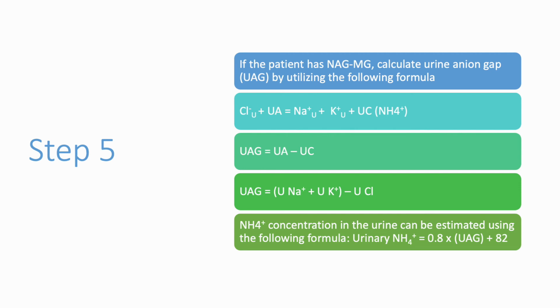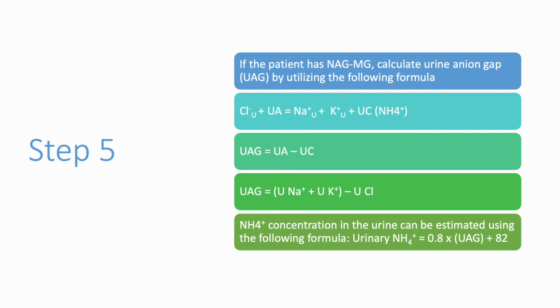Since we can't yet in most laboratories, unless you're lucky and you're at a big university with an enthusiastic, open-minded lab director, let's talk about that. In the urine, the same thing applies: the number of anions equals the number of cations. So urine chloride plus unmeasured anion equals urine sodium plus urine potassium plus unmeasured cation. The main unmeasured cation in the urine is, again, ammonium.